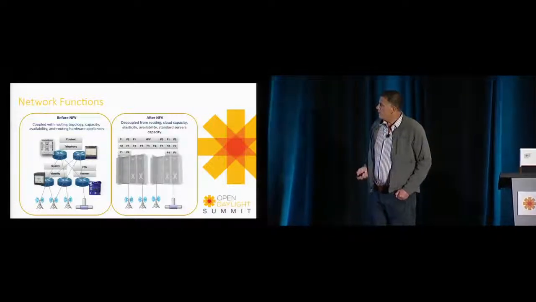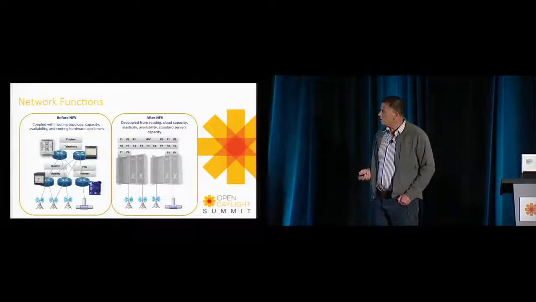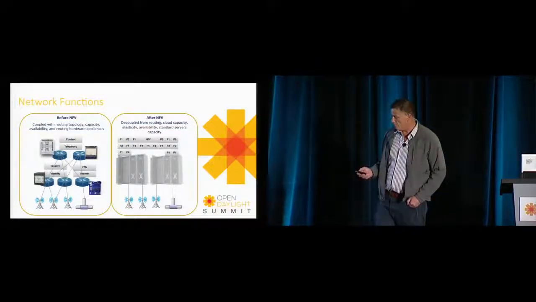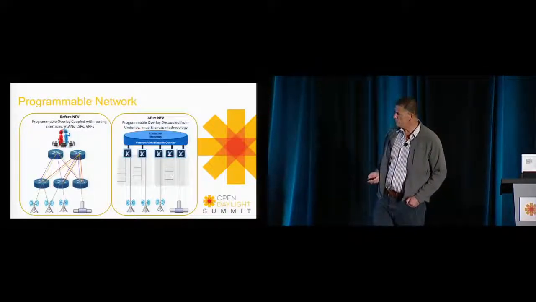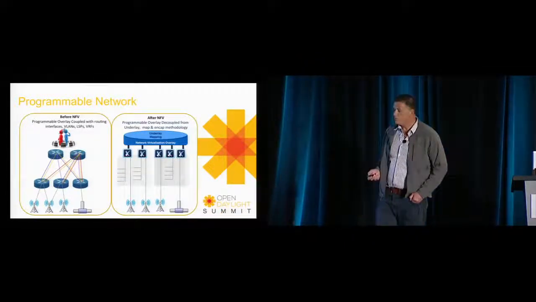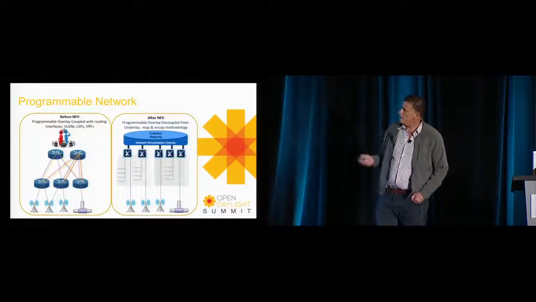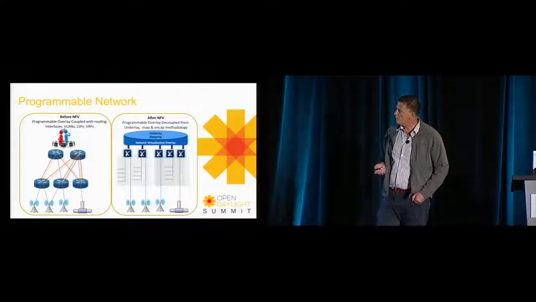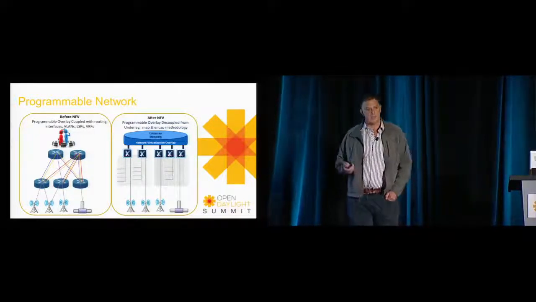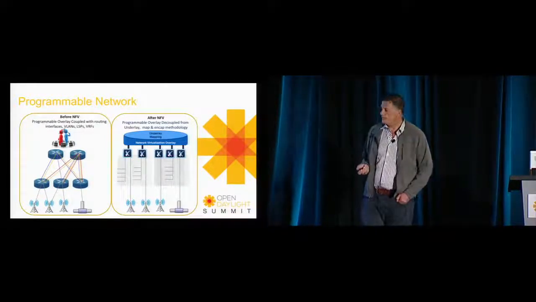In the right side, we are moving to a model which is a lot more data center-like for network functions and decoupled from routing. In order to do that, we have to find a new method to do virtual networking. On the far side, the traditional virtual networking had to do with VLANs, VPLS, MPLS, and was very tied to the routing interfaces.